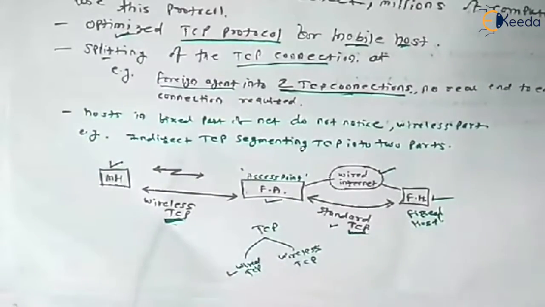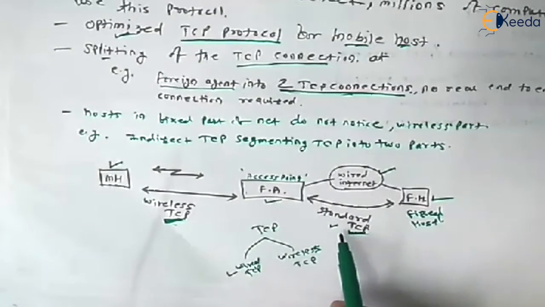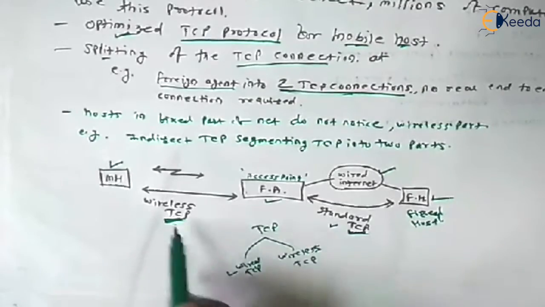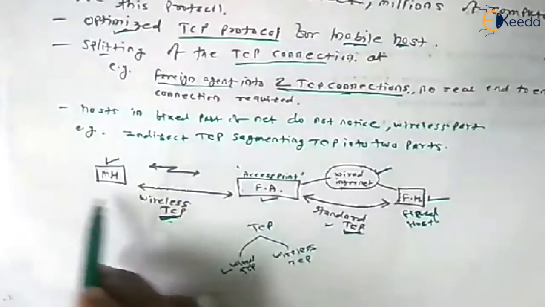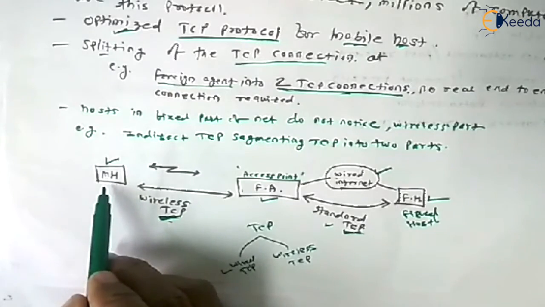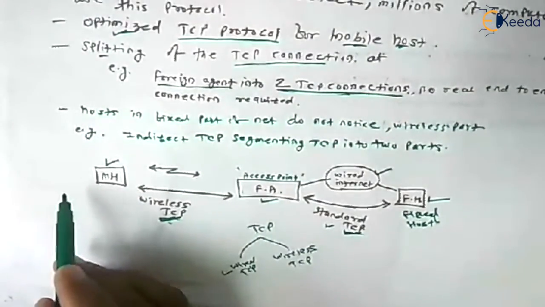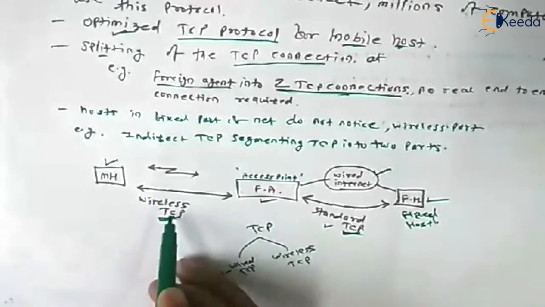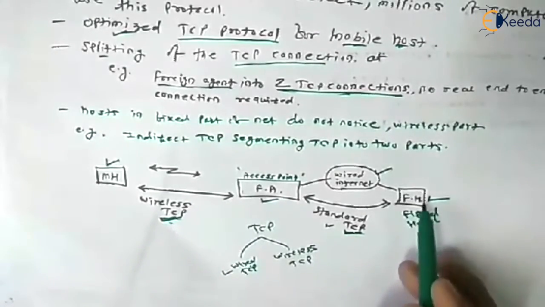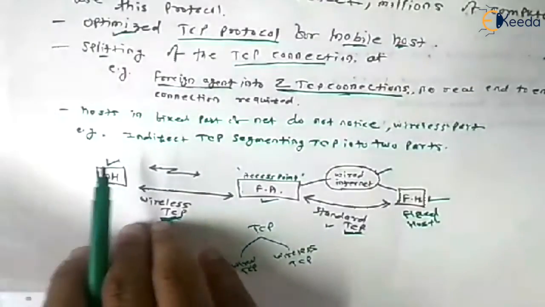It is the first improvement in the classical TCP because here the TCP is split into two types: standard TCP and wireless TCP. Where there is a mobile device, the wireless TCP will be used, and where there is a fixed device, the standard TCP will be used, and that is indirect TCP.